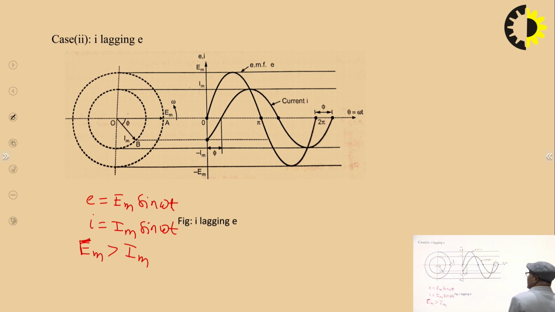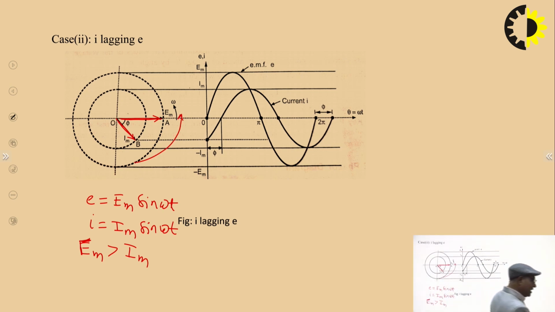How can we represent them in phasor form, and how can we represent them in waveform? This is shown here in the phasor diagram. Suppose this is our EM, the position of phasor EM, then the position of phasor IM is here, because they both will be rotating continuously with the same speed.